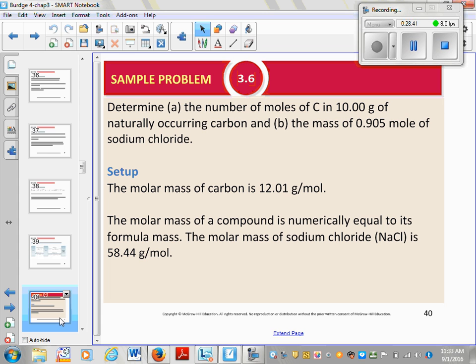So, what will we start with on top? We want to end up with how many moles of carbon. So I'm going to multiply that. What's on the top here goes on the bottom here. Grams of carbon, mole of carbon. 1 mole of carbon is how many grams?